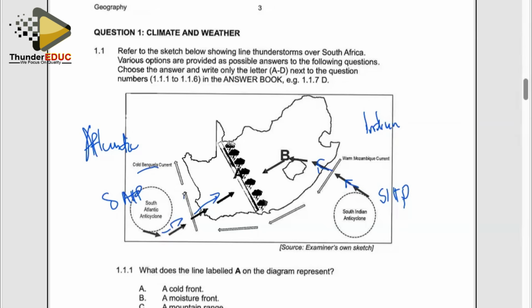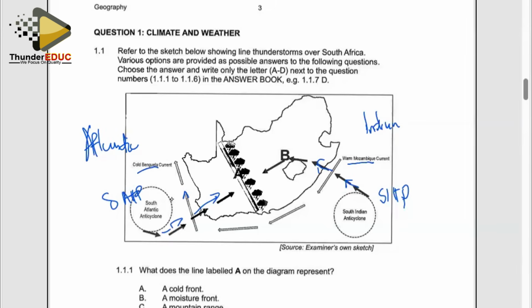If you check the arrow here, it shows that this motion is coming from the polar region going towards the equator. But if you look at the Mozambique current, it's coming from the equatorial region going further down. So this is a warm current and this is a cold current.